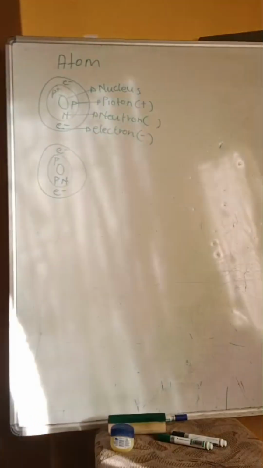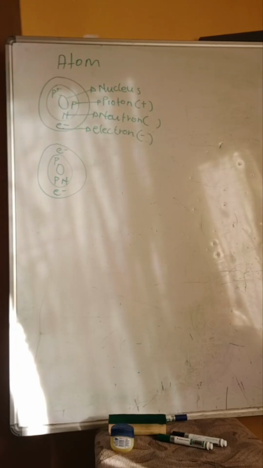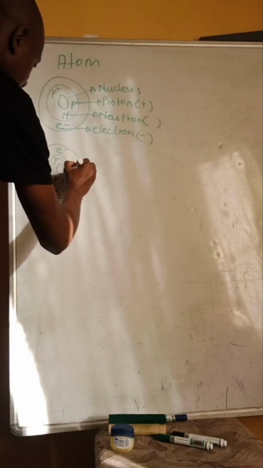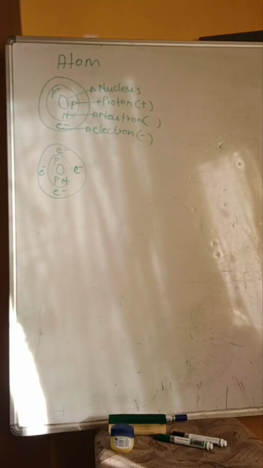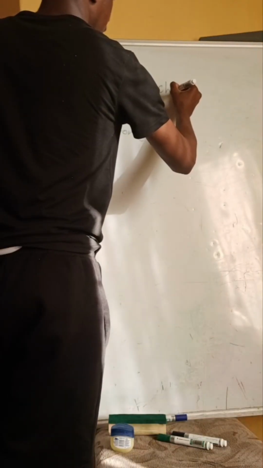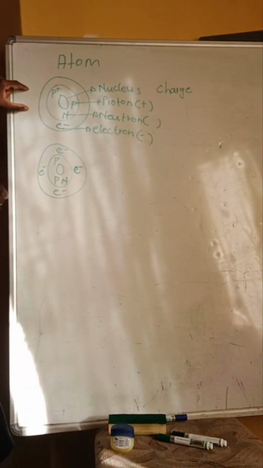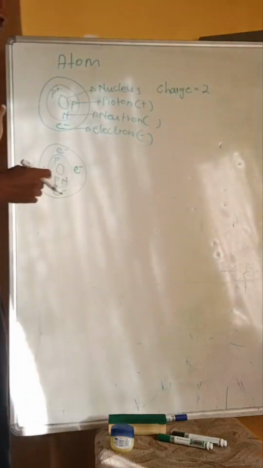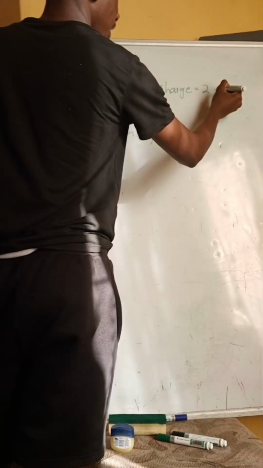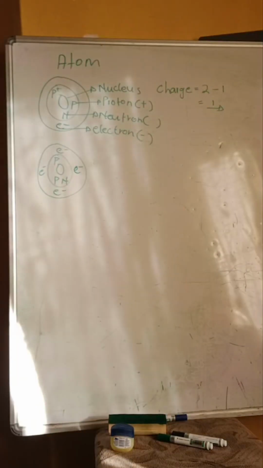But let's say now we have something like this, and then here we have extra 2 electrons. Now, the charge of this atom is going to be how much? 2 protons minus 1 electron, which will give us a charge of 1.